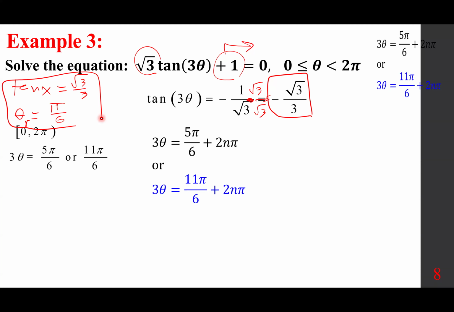Now, in each case, we are going to set 3 theta equals to 5 pi over 6 plus 2n pi. We do this one, everybody, now. And solve for theta. I want to tell you the methodology by which we solve this.